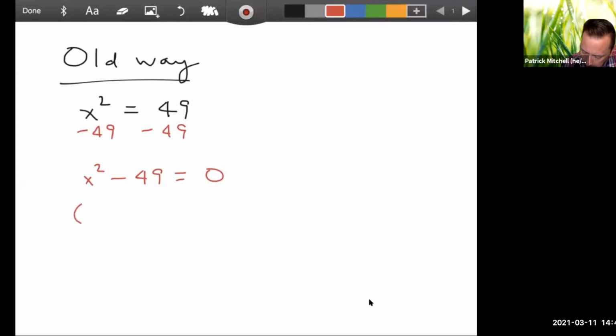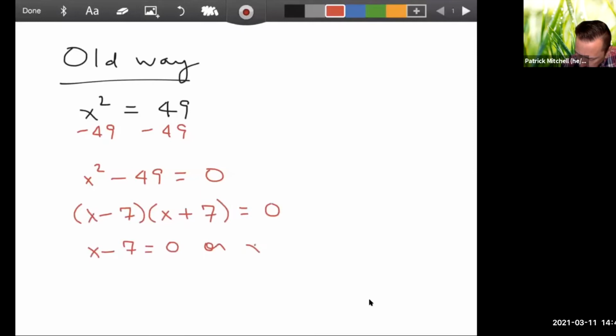So that's going to factor as x minus 7, x plus 7 equals 0. And of course, if x minus 7 times x plus 7 equals 0, that means one of those two things is 0. If x minus 7 is 0, that means x is 7. And if x plus 7 is 0, that means x is negative 7. So this equation has two solutions, which are 7 and negative 7.